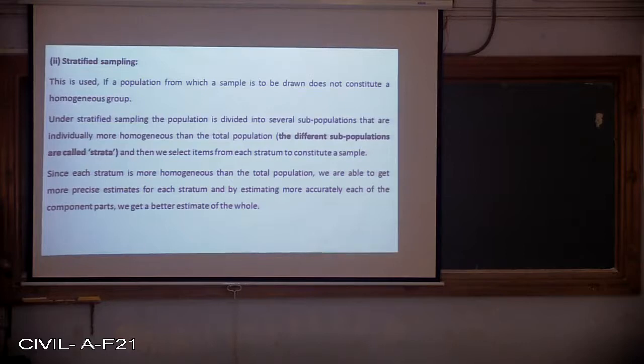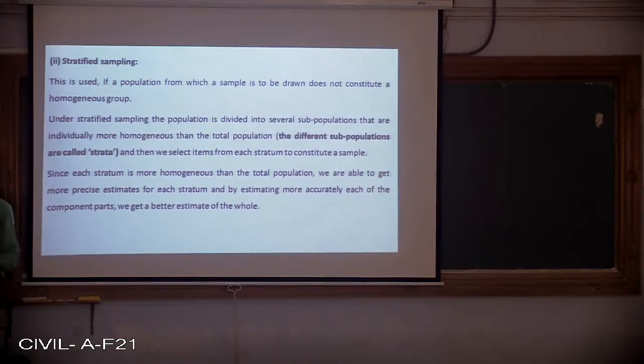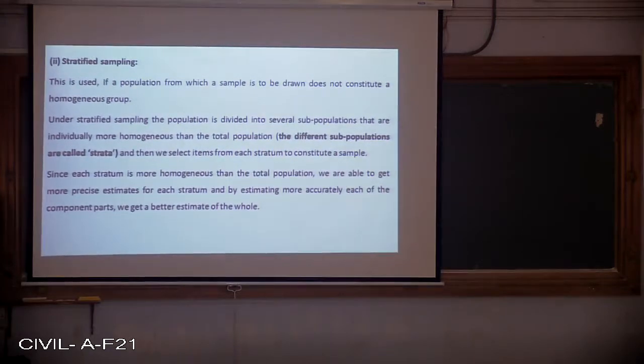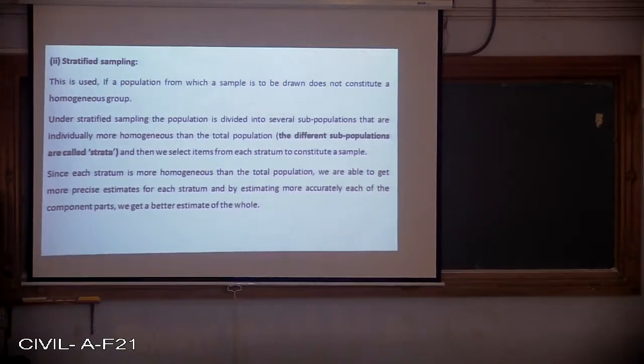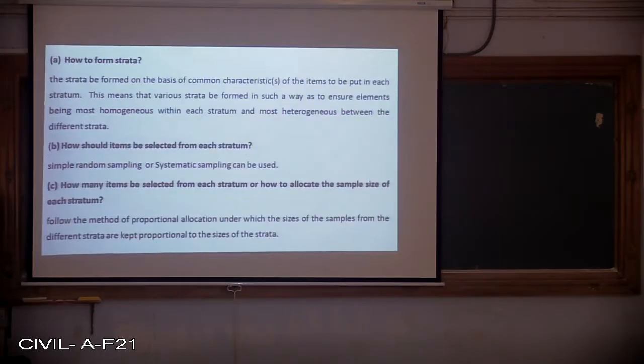Under stratified sampling, the population is divided into several subpopulations that are individually more homogeneous than the total population, and then we select items from each stratum to constitute a sample. Since each stratum is more homogeneous than the total population, we are able to get more precise estimates for each stratum, and by estimating more accurately each of the component parts, we get a better estimate of the whole.